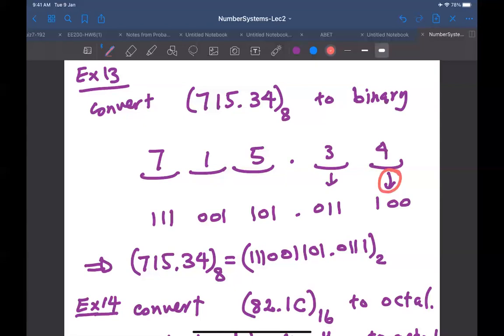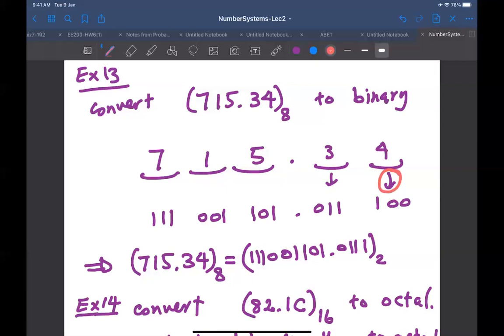You cannot say the 1 is equivalent to 1 and ignore the left 2 zeros. It has to be 2 zeros in order for the result to be correct, unless it is the most significant digit in the octal number. If it is the most significant digit, then you can ignore the leftmost zeros.